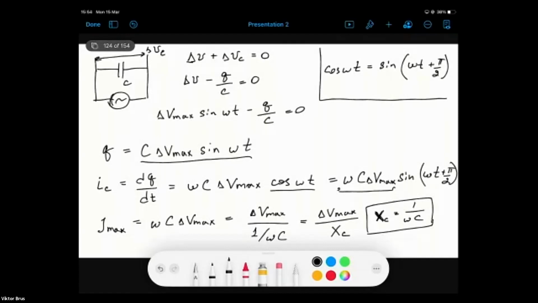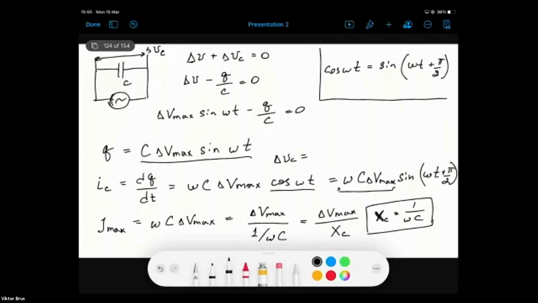So let us try to understand the reason for this. First, we just write the expression for the voltage drop over the capacitor.